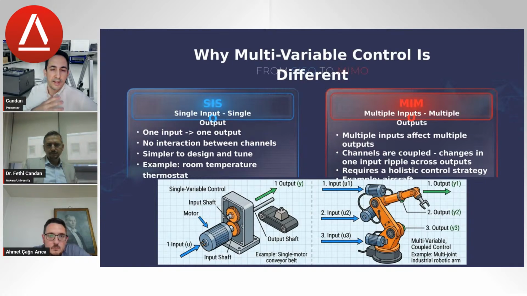So a SISO system, as the name stands, there is a single input that you give to a system, which is in this case a conveyor belt. So we control the speed or maybe the position of the electrical motor, and that electrical motor rotates the conveyor belt, and any object on the conveyor belt moves according to our direct input.